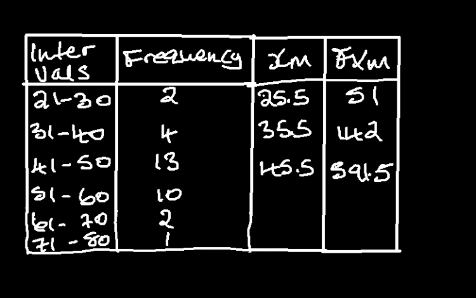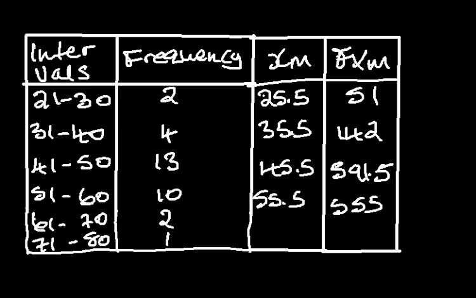That is enough for that group. For the other group, 51 plus 60, divided by 2, we have 55.5. And what is that times 10? We have 555.